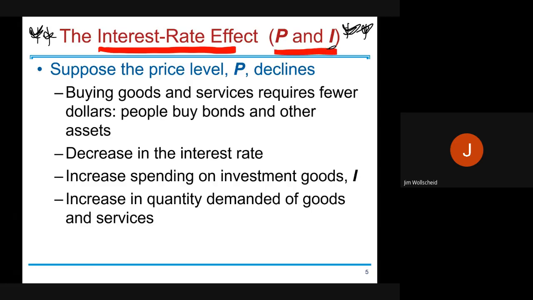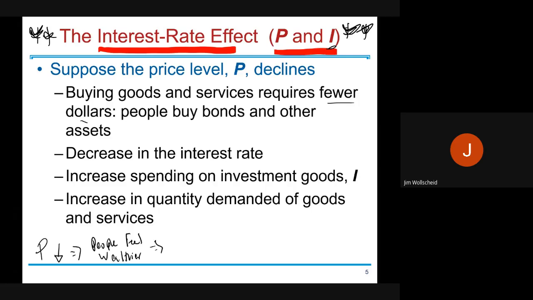So P and I. So just like before, P decreases. Just like before, people feel wealthier, because the real value of dollars has increased. So I don't need as much money as I needed before, right? So I need fewer dollars.